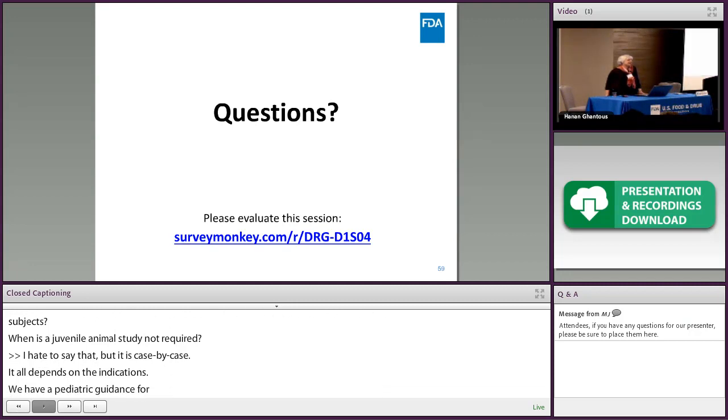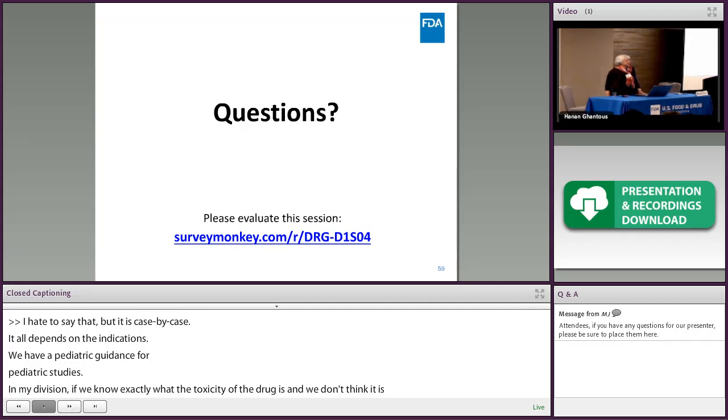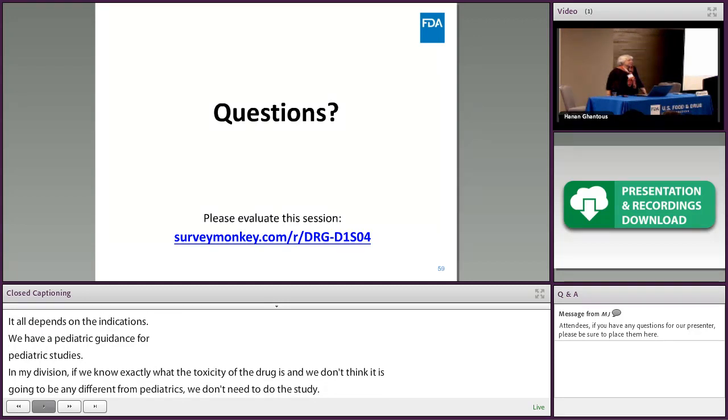Again, in my division, if we know exactly what the toxicity of the drug is and we don't think it's going to be any different when given to pediatrics, then they don't need to do the study. Other divisions, because of their indication, might insist on having a juvenile study. So that's another one: just talk to the division about whether it's needed or not.